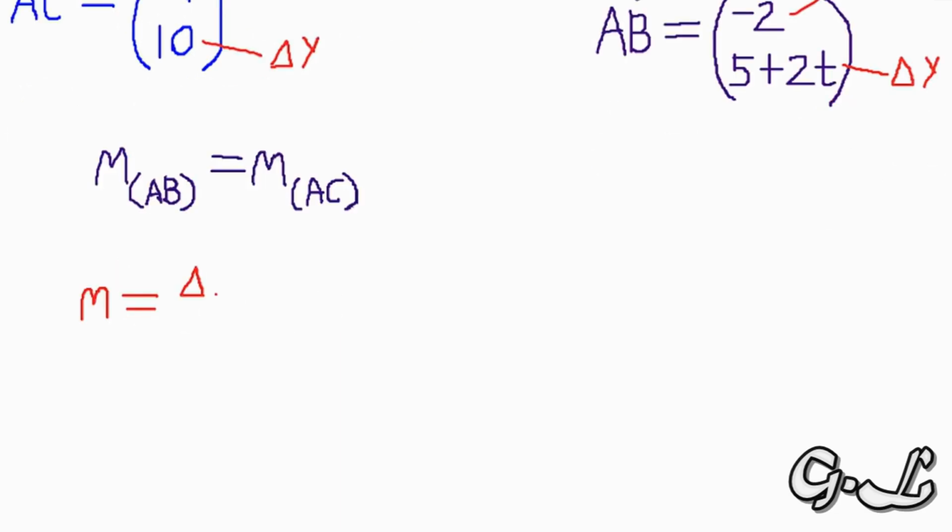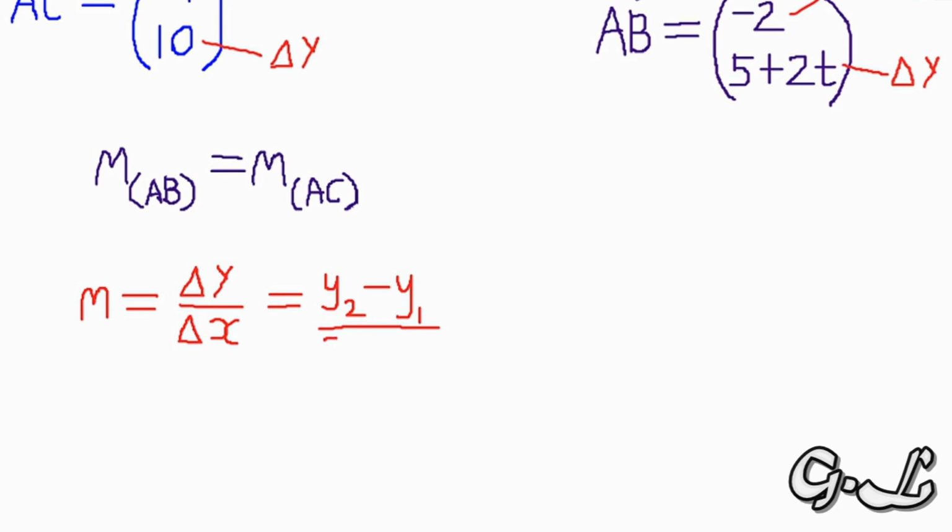So for you to find the gradient, you need this formula, which is m is equal to delta y over delta x. That is simply representing the change in y over the change in x. At the numerator we have y2 minus y1. That is the change that they talk about.